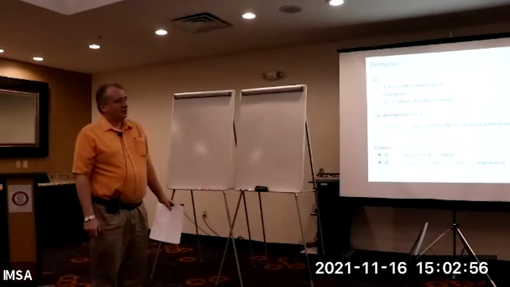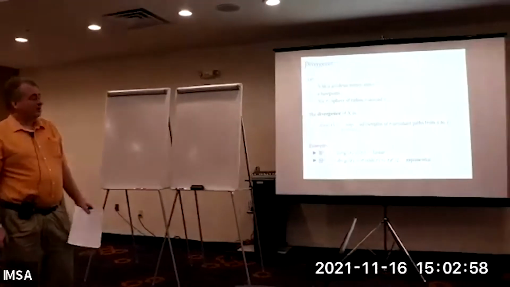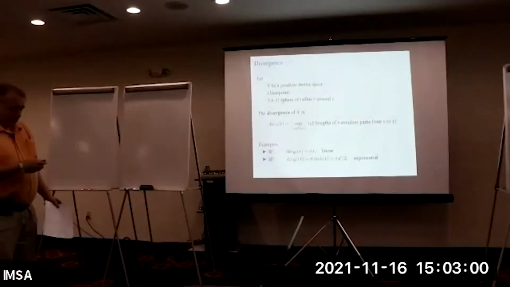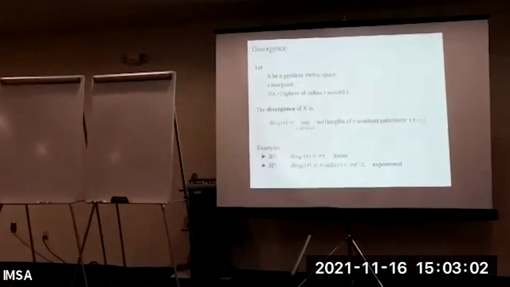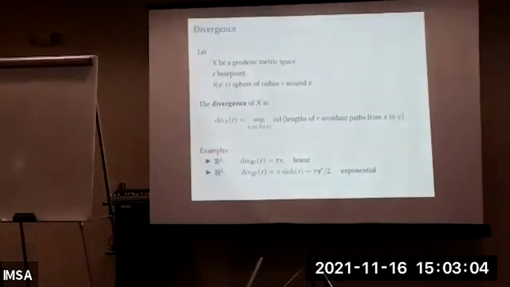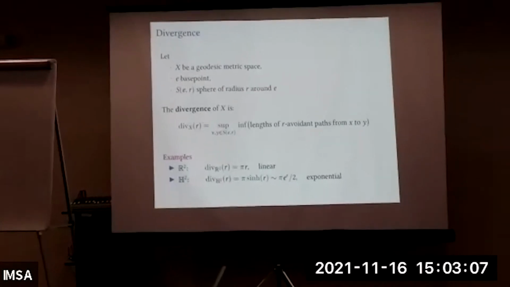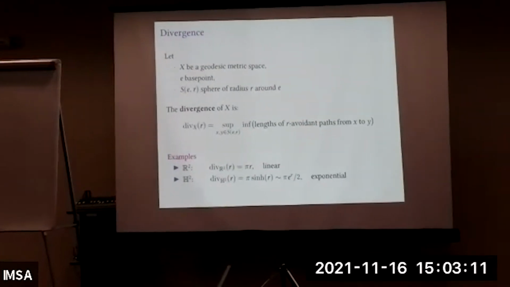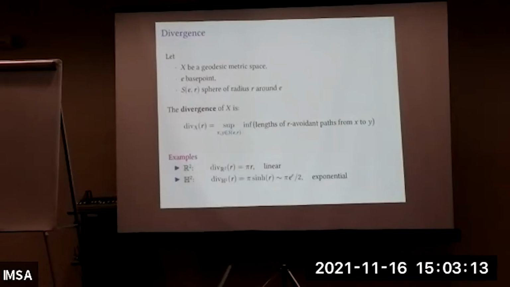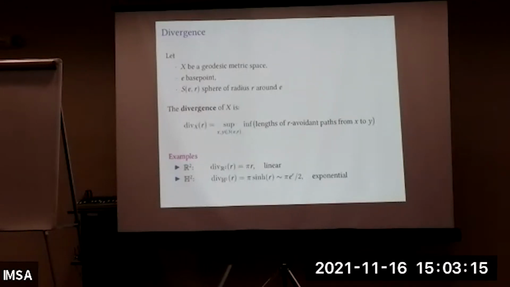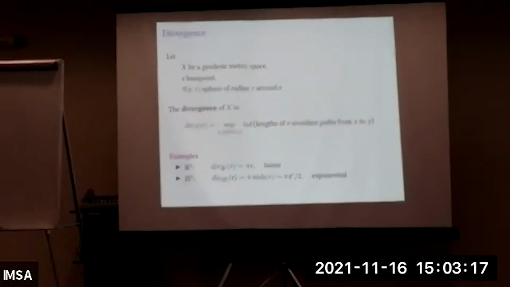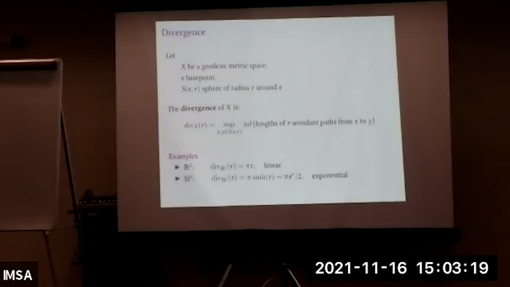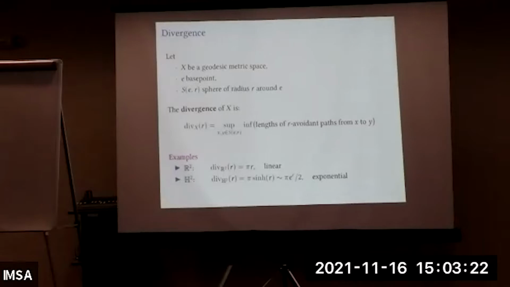It's a large-scale invariant of metric spaces. So we start with a geodesic metric space and look at a sphere with a base point. We look at the sphere of radius r around the base point. I'll draw a sphere here.